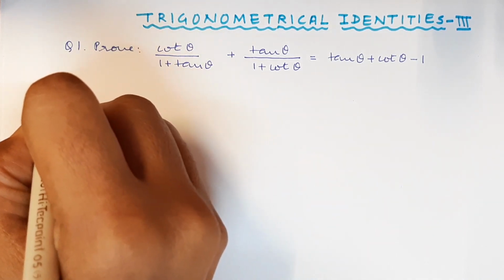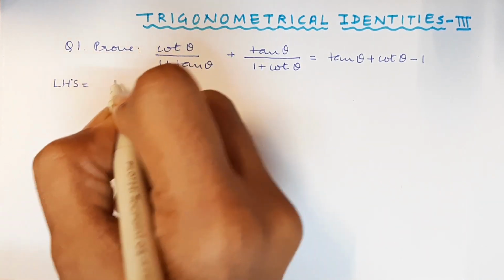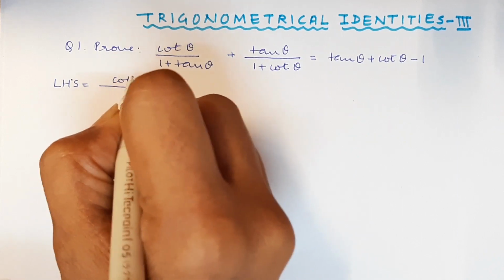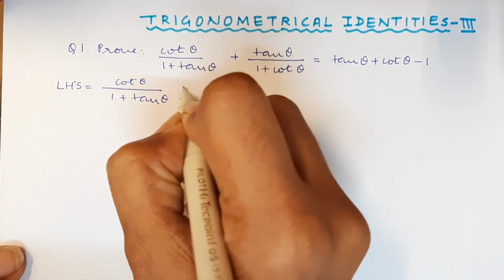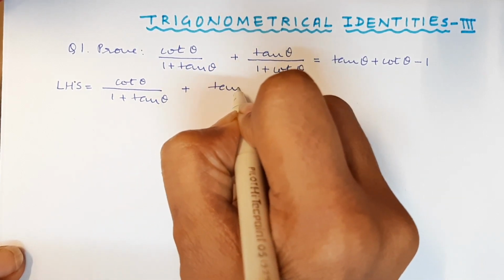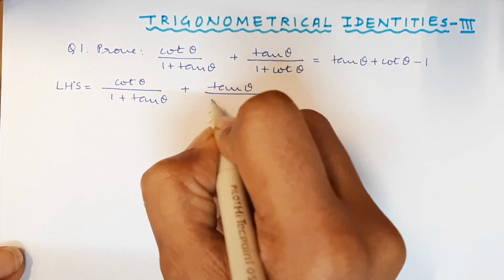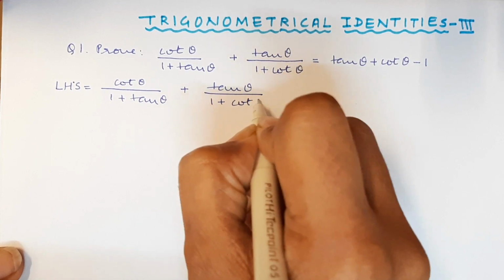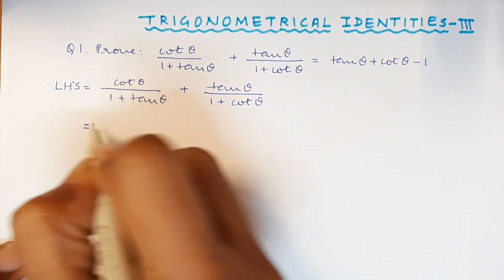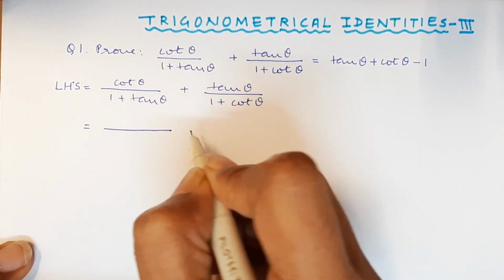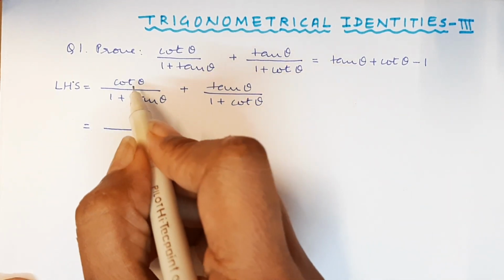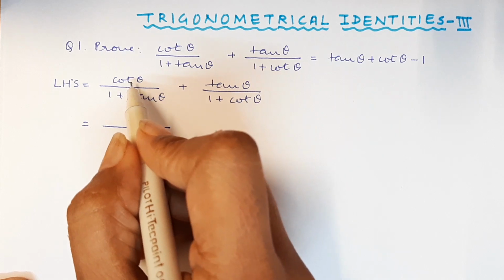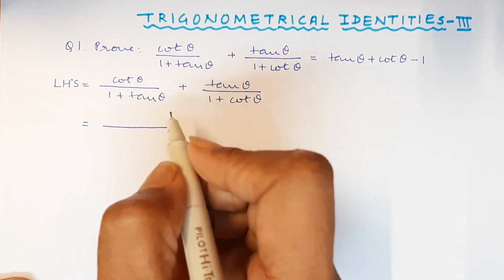And our left hand side is cot theta upon 1 plus tan theta plus tan theta upon 1 plus cot theta. Now, before we even take the LCM, it will be wiser to convert cot into tan because we know that cot is the reciprocal of tan.